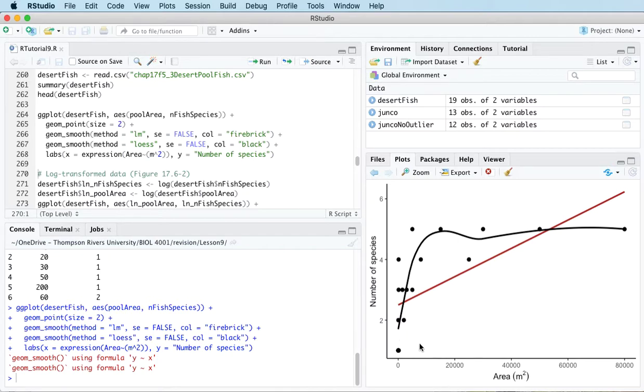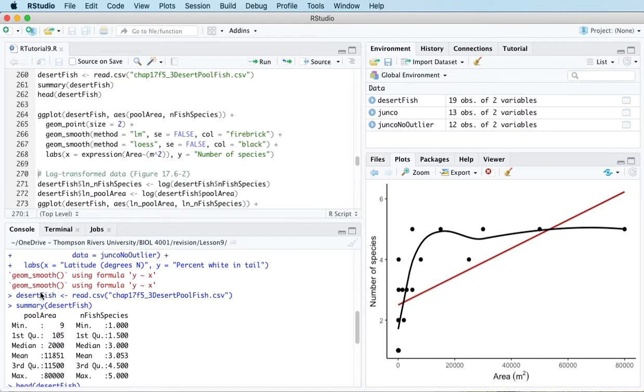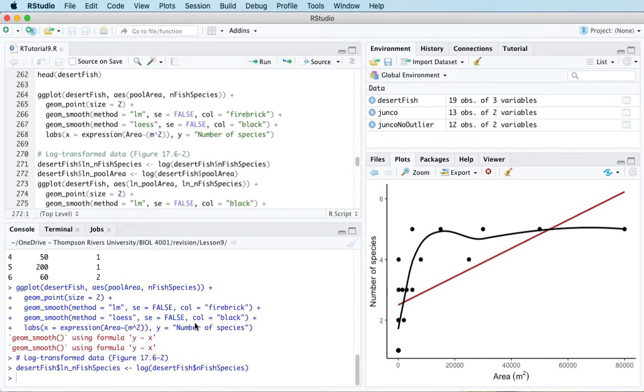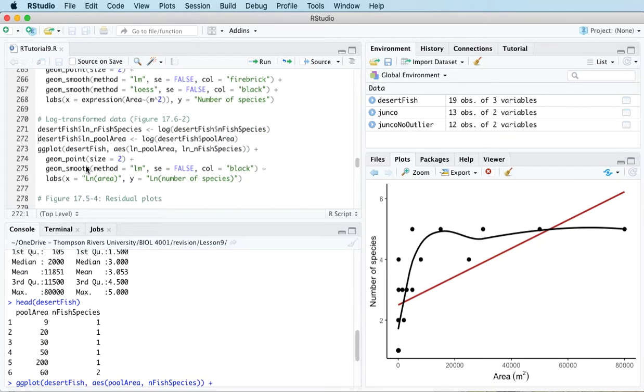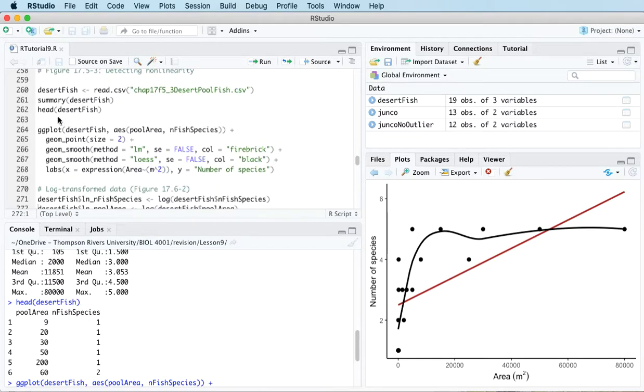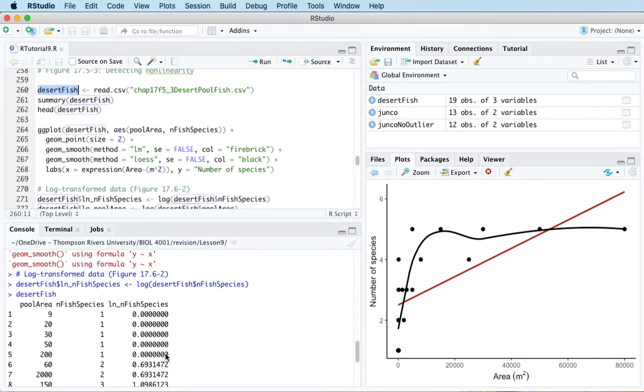So naively, if we were to simply take my data, let me show the whole data set. Okay, so here's my data, and I might think, okay, I know how to fit a simple linear regression model.